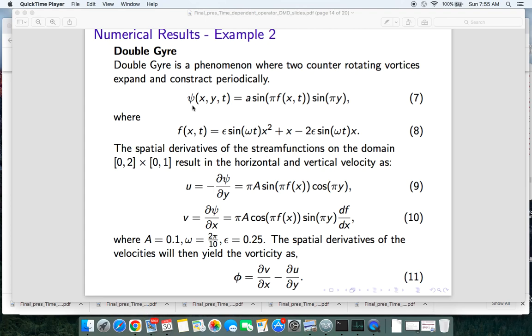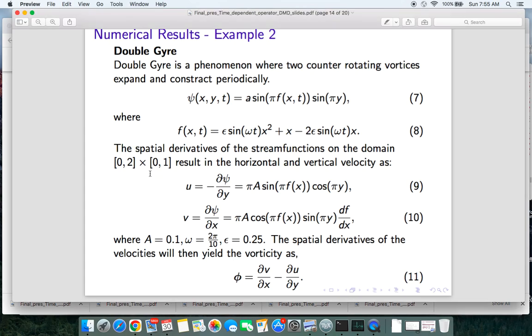So psi is the stream function, and spatial derivatives of the stream functions on the domain result in the horizontal and vertical velocity as these, u and v. That's how we actually find u and v, the horizontal and vertical velocity.